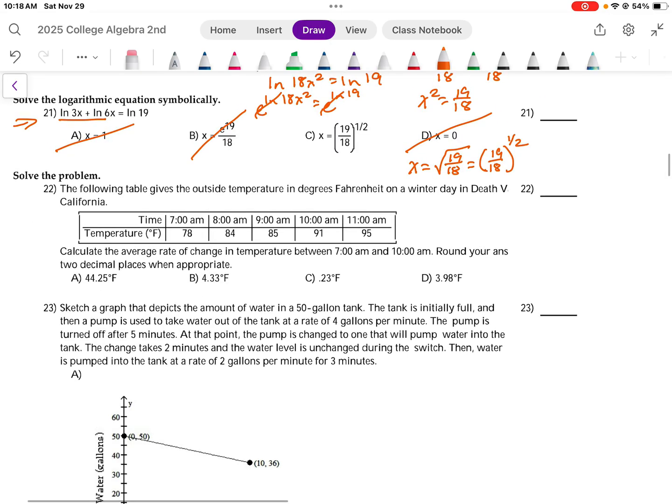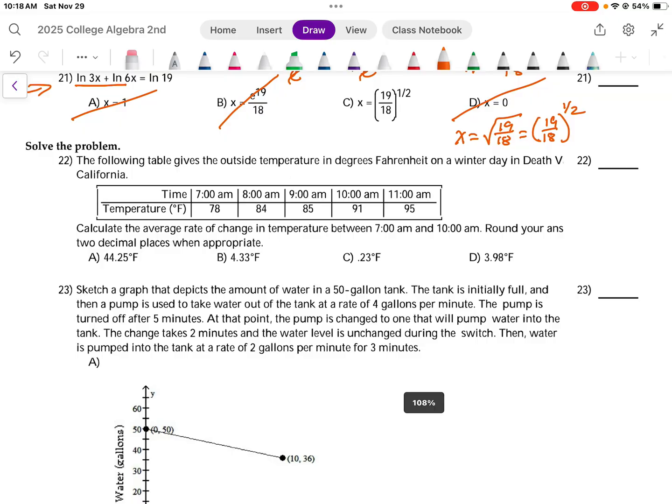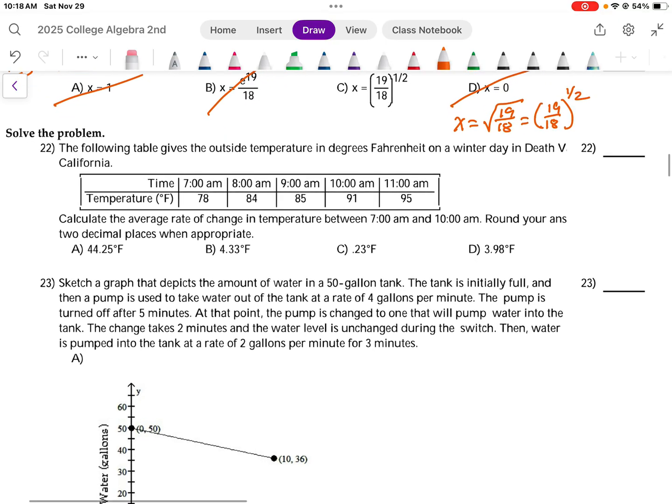All right, the following table gives the outside temperature in degrees for one day in Death Valley, California. Calculate the average rate of change between 7 and 10. All right, average rate of change is just slope. That's y2 minus y1 over x2 minus x1. So there are the 2 times.